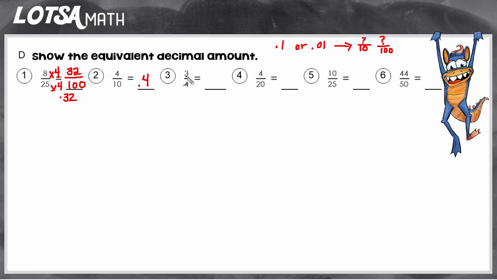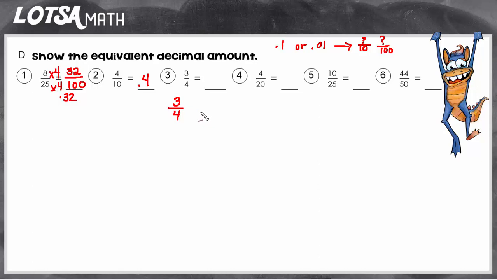On number 3, we have 3/4. Well, we've already learned the decimal values for fourths, but I can show you that it'll still work even if we did it by making an equivalent fraction. So I'm going to go to 100 because in my mind I tried to go to 10 first and I can't get from 4 to 10. 4 times 1 is 4, 4 times 2 is 8, 4 times 3 is 12, and I don't ever have a factor to get to 10.